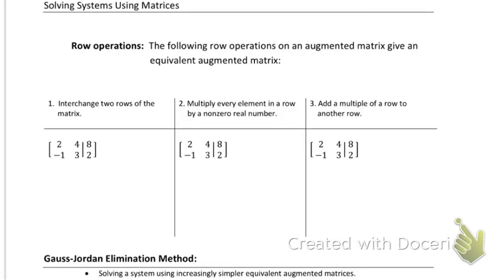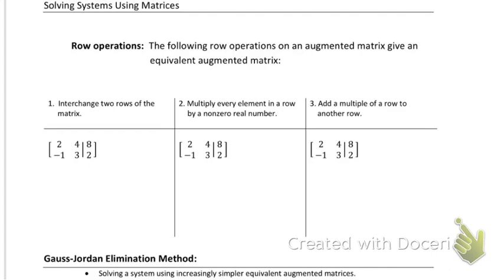The last thing we have to learn before we actually learn how to solve using matrices is row operations. Row operations work just like when you're dealing with equations. You can multiply both sides of an equation by 2, and it still stays balanced. When we do elimination, we add 2 equations together, and it still stays balanced.